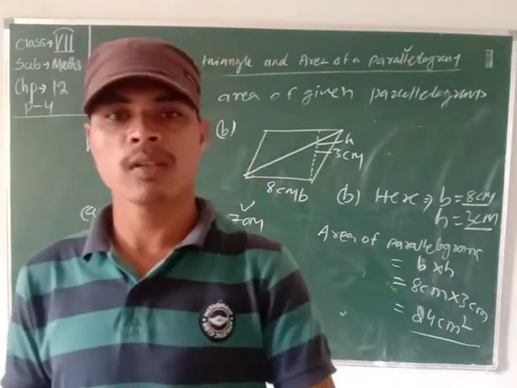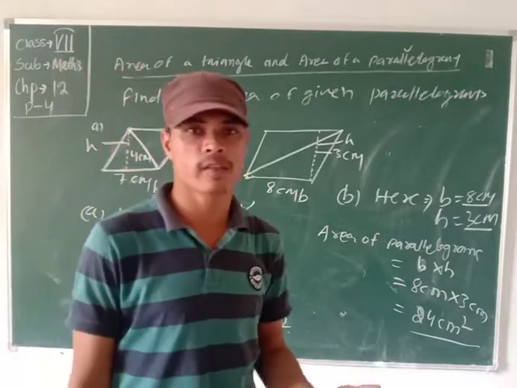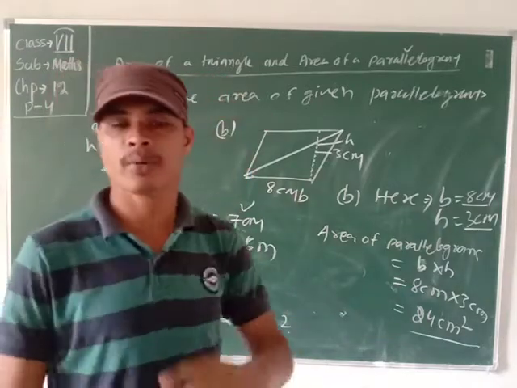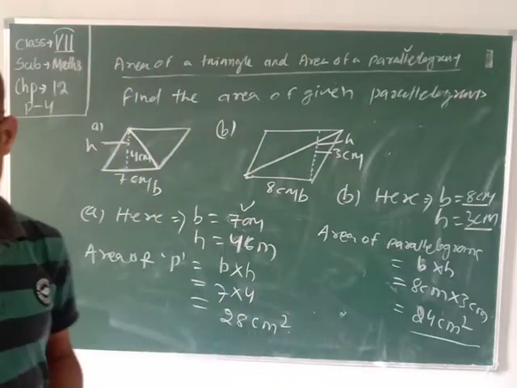Here just the first figure is given, and we can find the examples. If a problem is given, then how can we find the area of triangles and area of a parallelogram? Let's see one example for triangles and for the parallelogram. Okay, see the one.